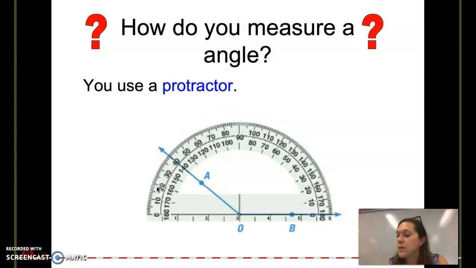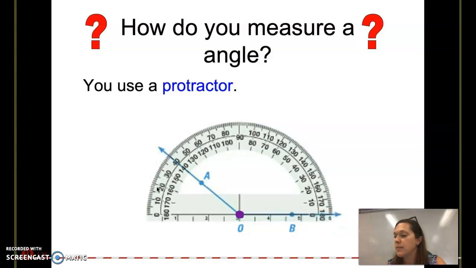Then what we do is when we get our angle, we put the vertex of our angle at the 0 point on the protractor. Sometimes protractors will actually have a hole there that you can line it up with, or sometimes they just have crosshairs that you need to line up at the 0. But then you need to line up one of your rays, which we end up calling the initial ray, with the line that points towards the 0.